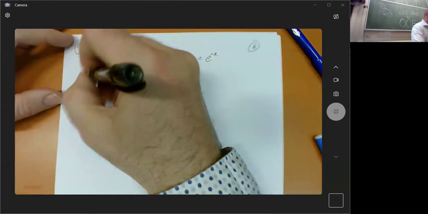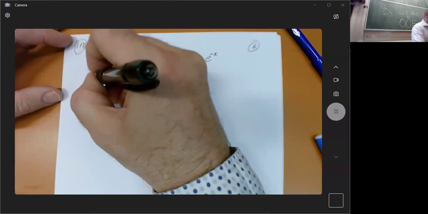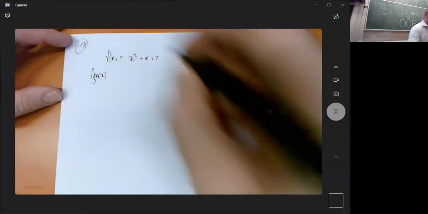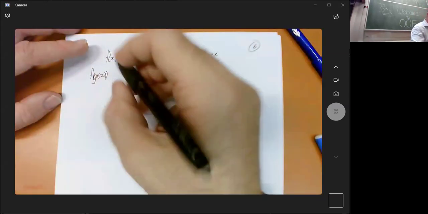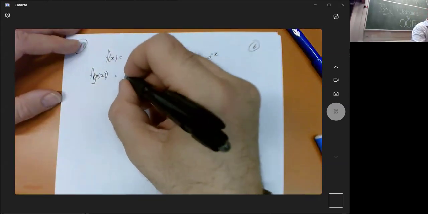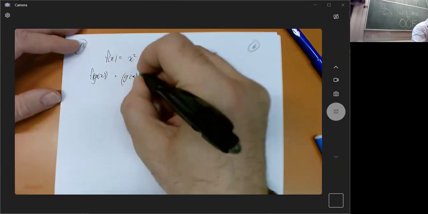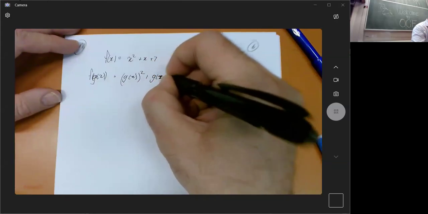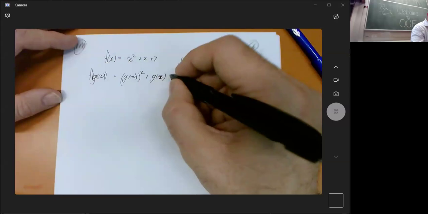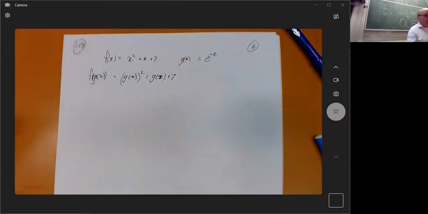And so if I do f composed with g of x, literally I can write this as g of x squared plus g of x plus 7. All right. That's literally what that statement means.